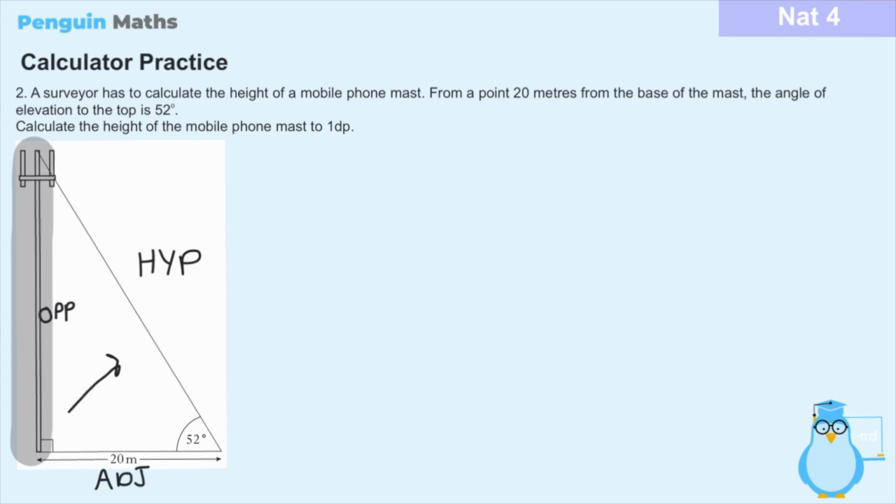The next thing we have to do is decide which trigonometry ratio we want to use, and that begins by remembering SOH CAH TOA, which represents the 3 trig ratios that can help us solve these types of problems. So how do we do this? Well, we look at what we know and what we want to figure out in terms of the sides.